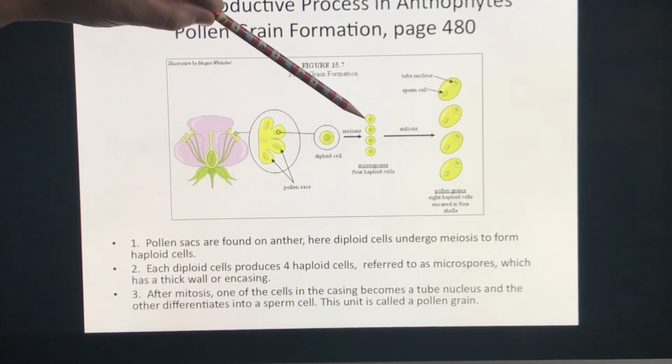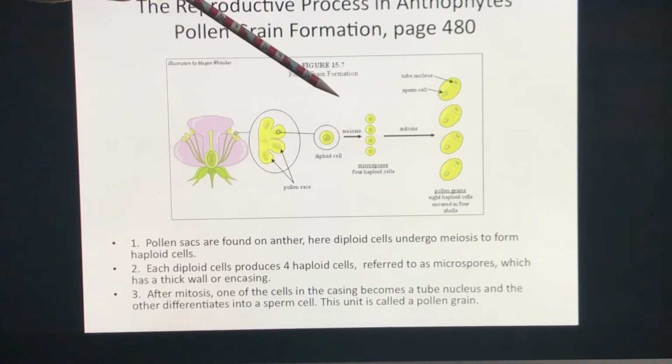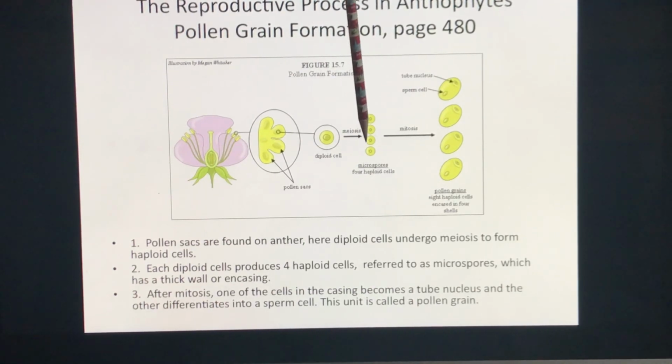And these have a fairly thick wall or encasing around them. Then, interestingly, these microspores undergo mitosis, so they have the same complement of genetic material here and here, but they're just dividing.